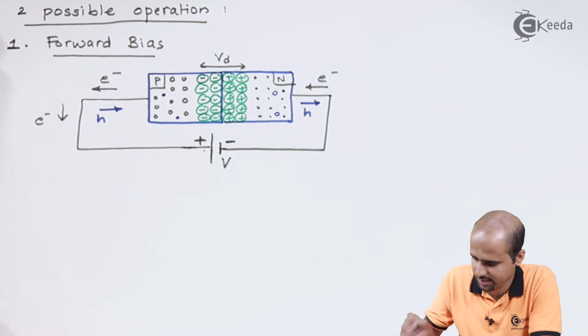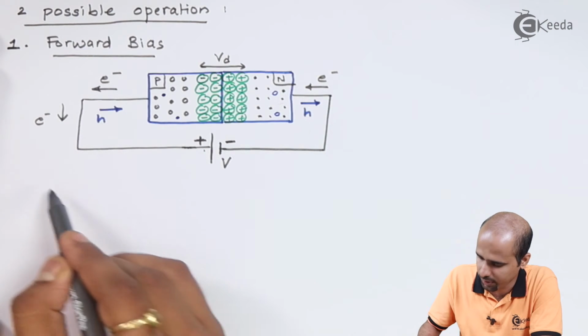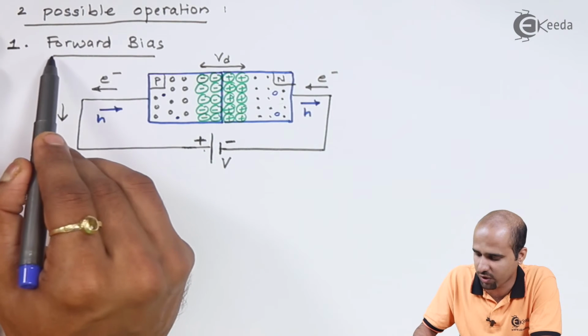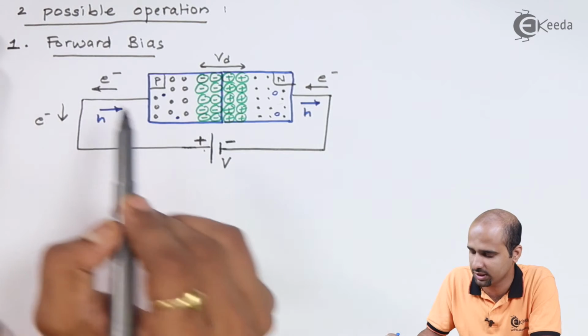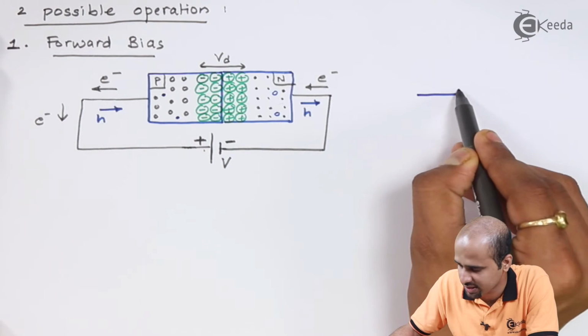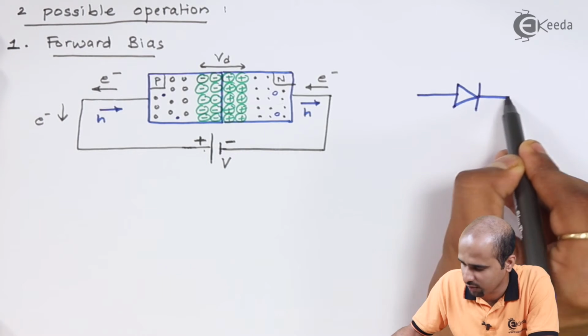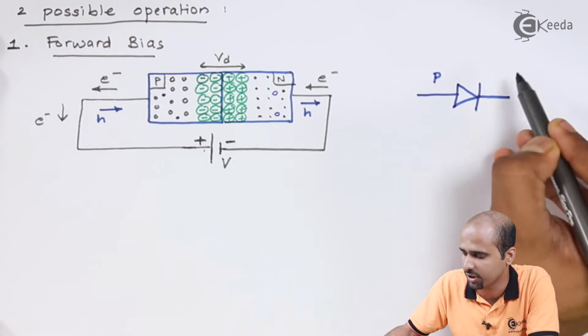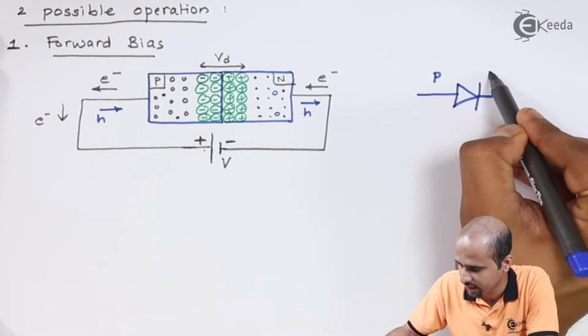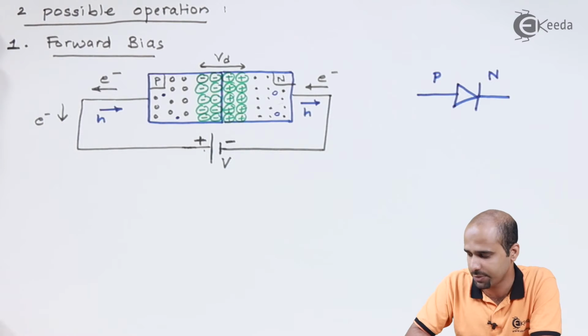Okay, let's start the operation. This operation is called forward bias. As far as the diode's operation and symbol are concerned, this is the symbol of the diode, where this is the P type semiconductor and this is the N type semiconductor.